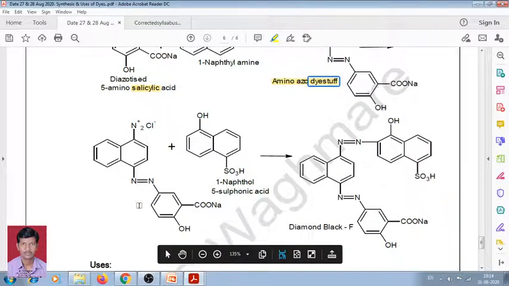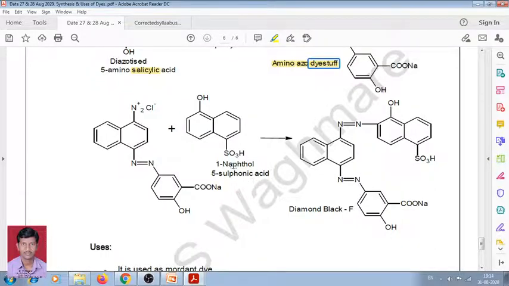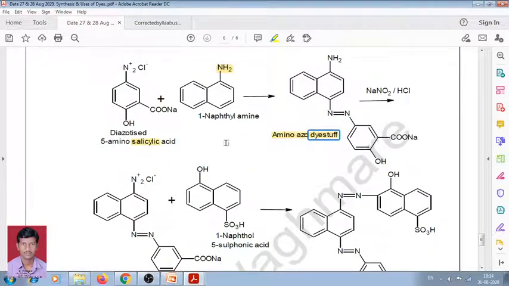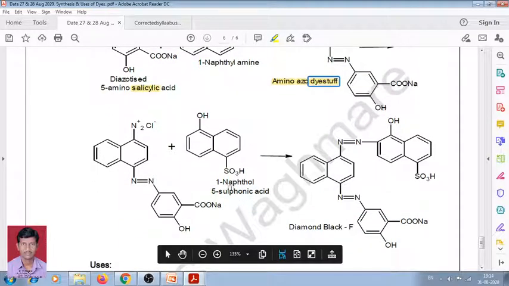Again we get a diazotized product, and when it is treated with 1-naphthol 5-sulfonic acid, which is another moiety, since before that we used 1-naphthylamine, now in the second step we are using 1-naphthol 5-sulfonic acid.